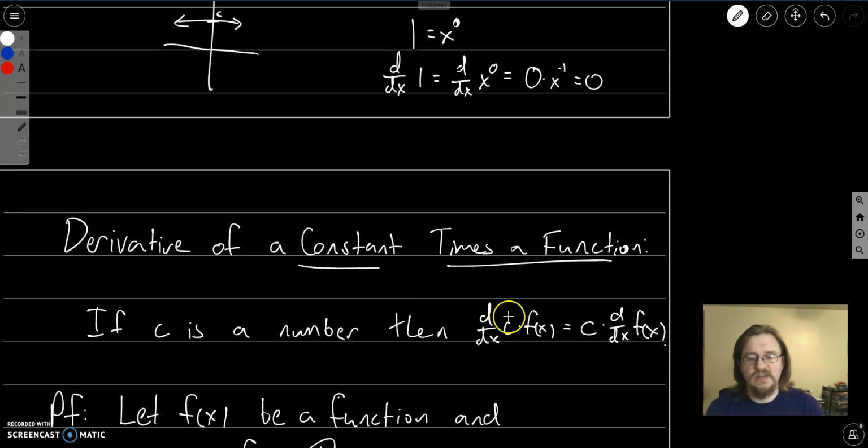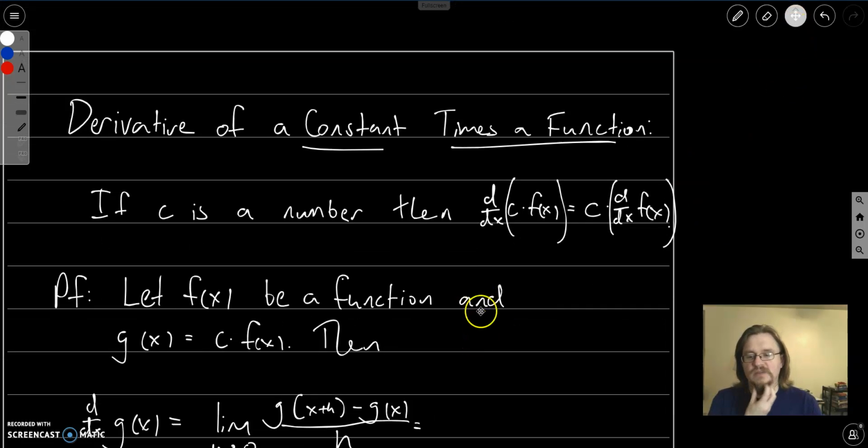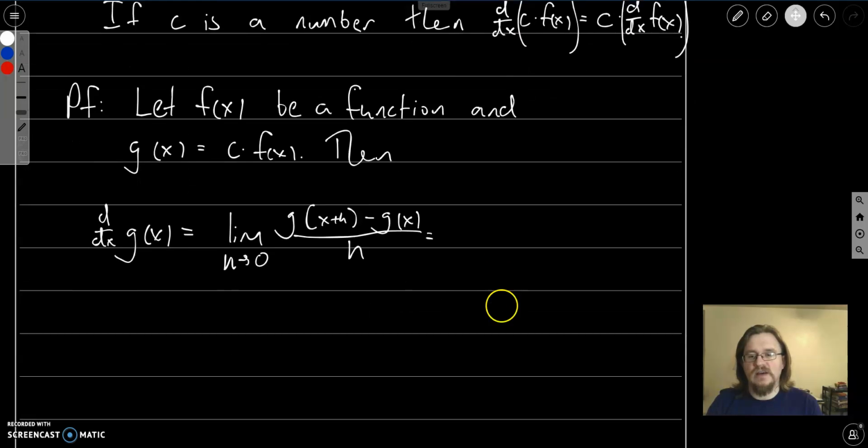If you were to try to take the derivative of a number times a function, I can pull that number out of the function. So if I take the derivative of c times f of x, it's the same thing as c times the derivative of f of x.